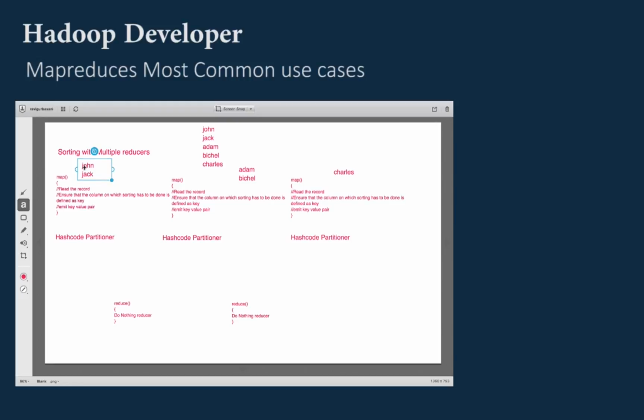So let's say after hash code, it's decided that John and Charles go to reducer 1, and Adam, Bishil and Jack go to reducer 2.